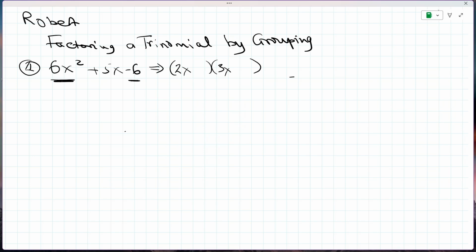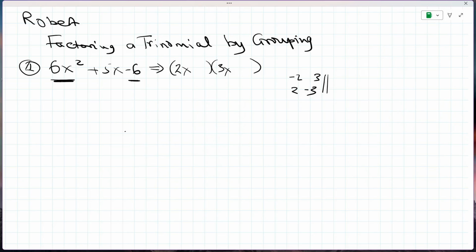So that could be negative 2 and 3, or 2 and negative 3. So again, here we have to choose and pick. We have to choose and pick. Try, like they say, trial and error.